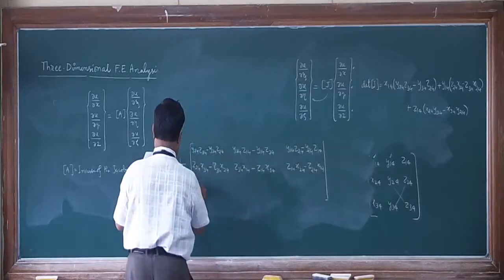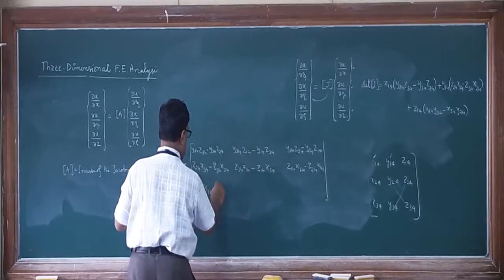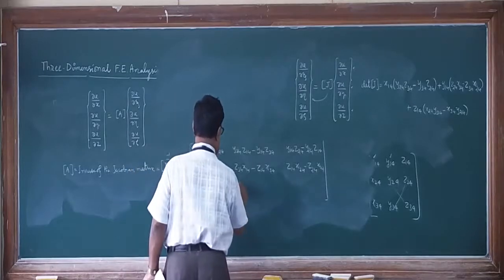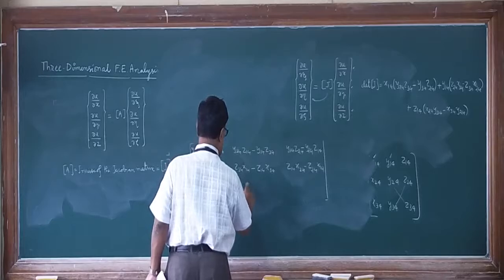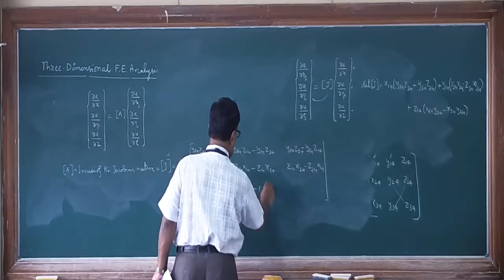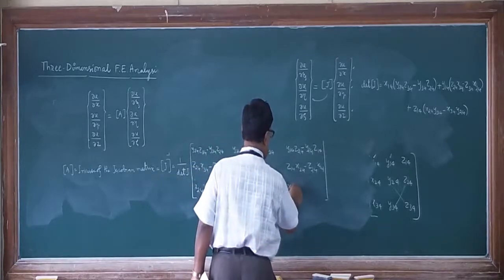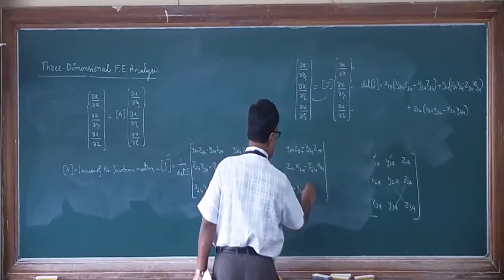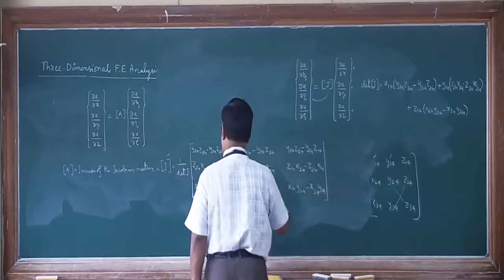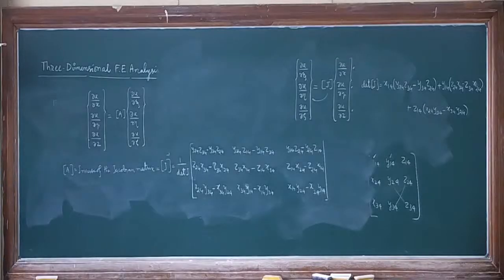In a similar way, x24 y34 minus x34 y24. This is again x34 y14 minus x14 y34. So really here x14 y24 minus x24 y14. Yes, this constitutes the inverse of the Jacobian matrix that we get.